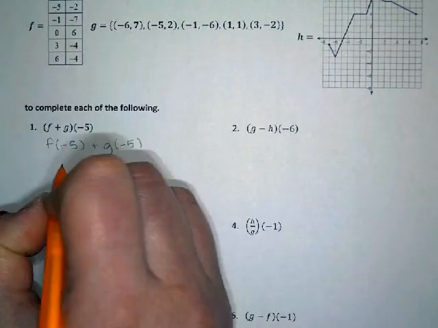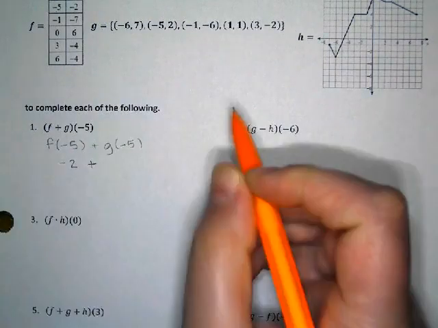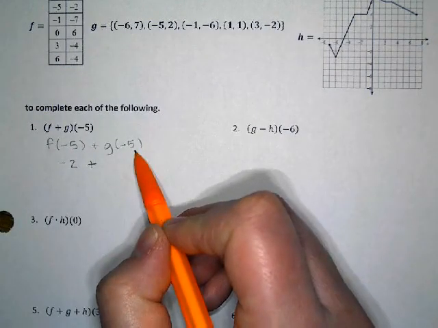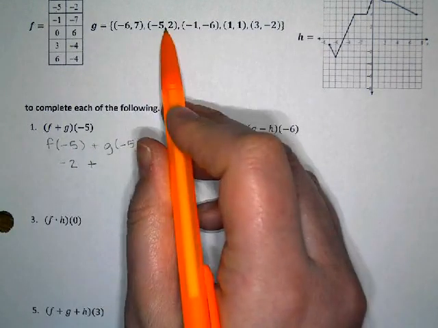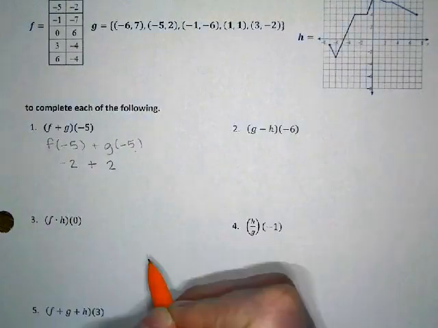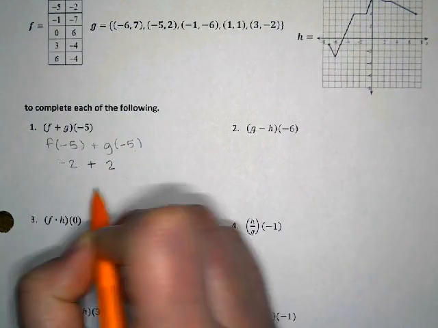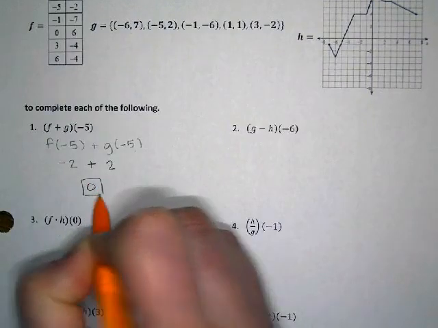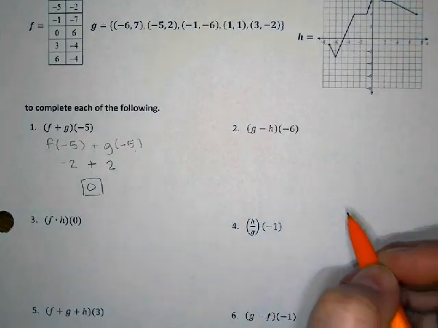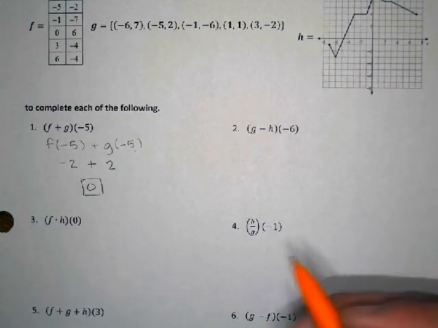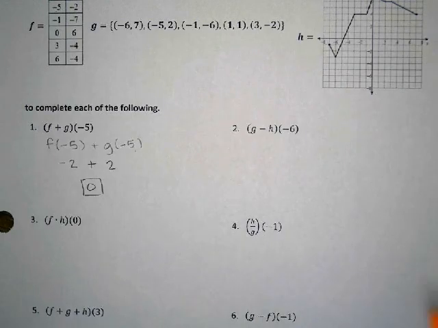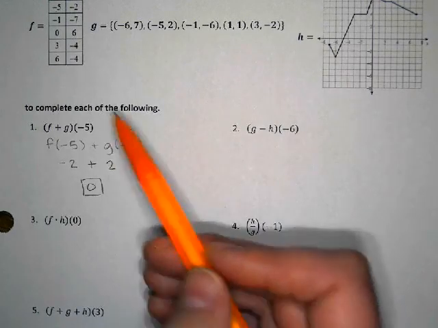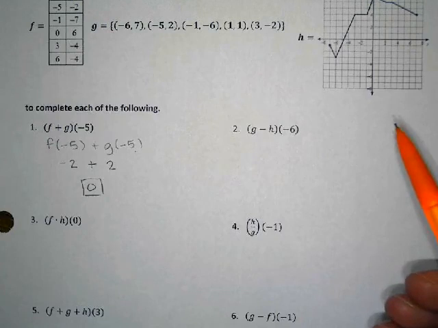Plug in negative 5, you get negative 2 as the result. If you plug in negative 5 for g, what do you get? Positive 2 as the result. And when you add those together, what do you get? 0. Okay? So the part that messes students up about this is just that it's not an equation you can plug stuff into. You just have to recognize how to use other types of representations.